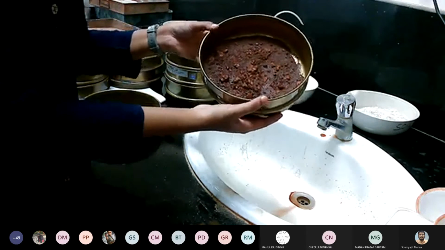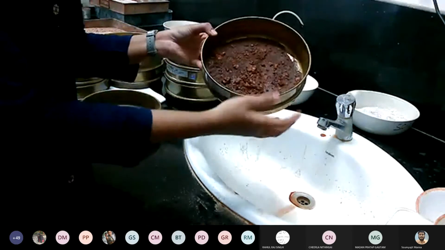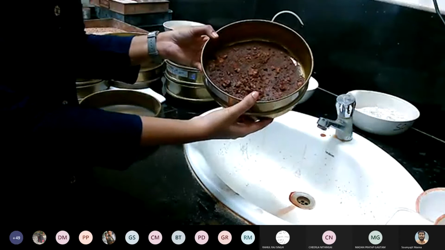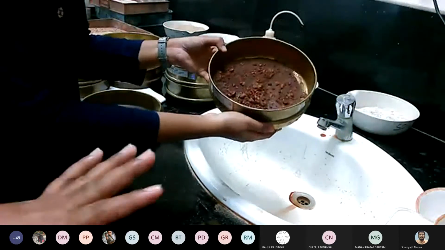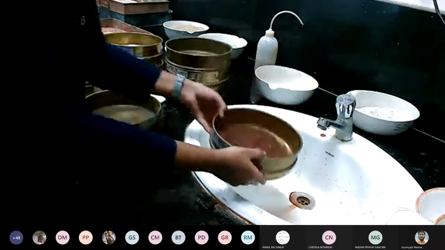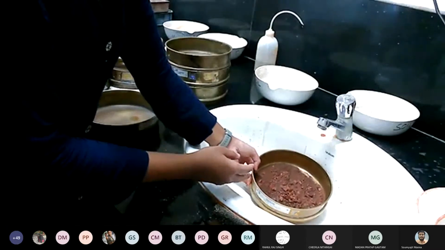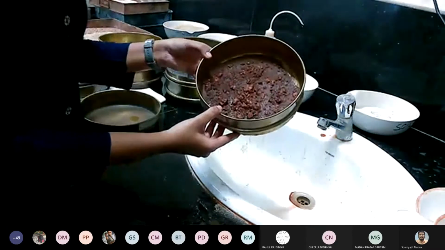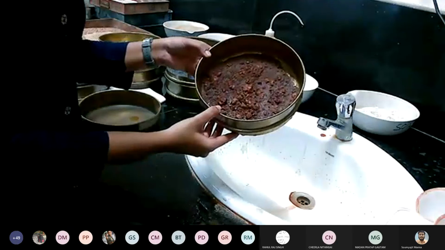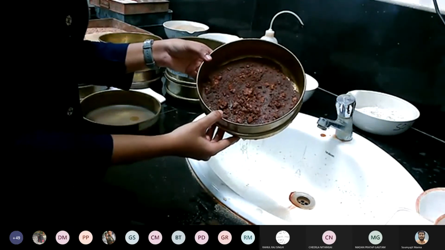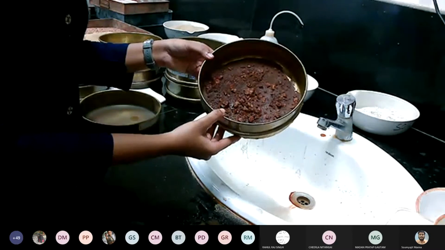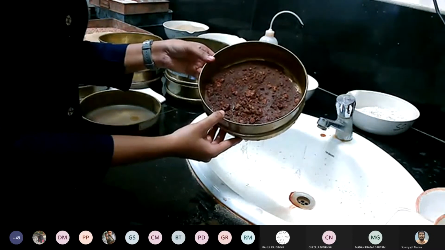Only then can I take the weight of the soil retained on the 75 micron sieve, so you need to wait 24 hours. This is the procedure of wet sieve analysis. This step is supposed to be repeated for each and every sieve size. That's why wet sieve analysis is a laborious process, although it is accurate.